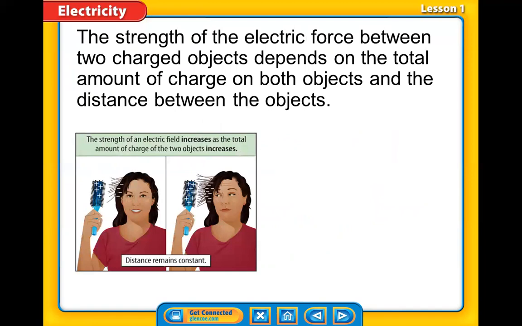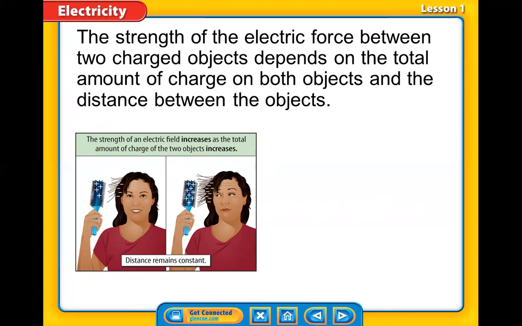How do electrically charged objects interact with each other, and how can they be electrically charged? But what are the factors that affect the strength of the electric force between them? If I have two charged objects and I need to check the strength of the electric force or the attraction between them, we have two factors: the amount of the electric charge and the distance between the two objects.